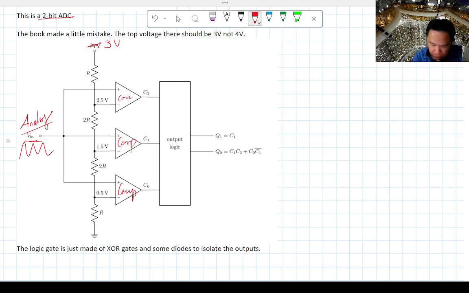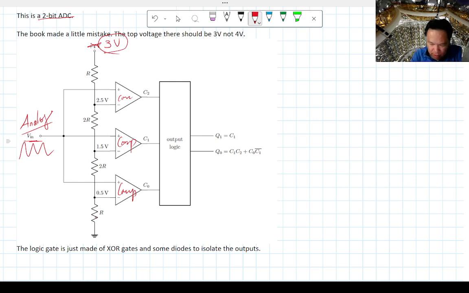But the other inputs are through this long resistor chain here, where you have R, 2R, 2R, and R. If this top voltage up here is 3 volts, not 4 volts, I'll let you do the little calculation.